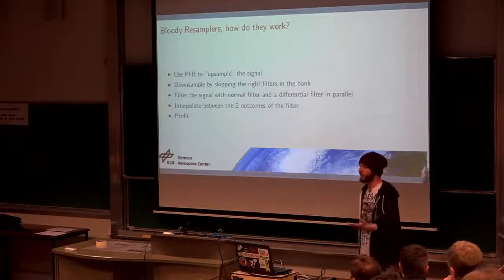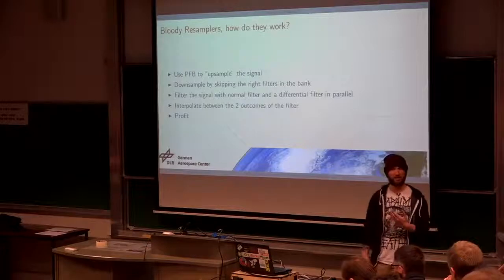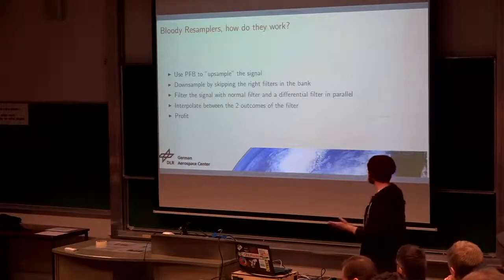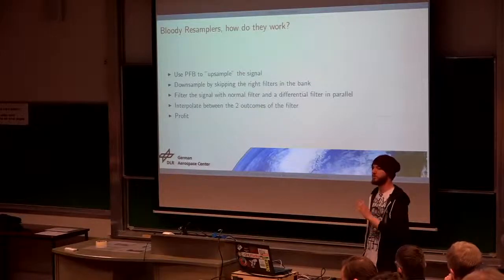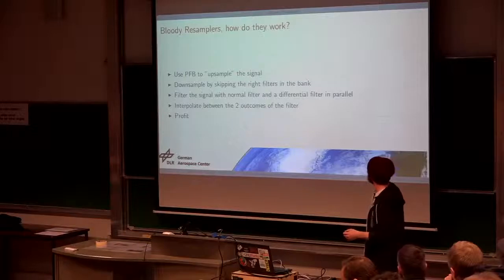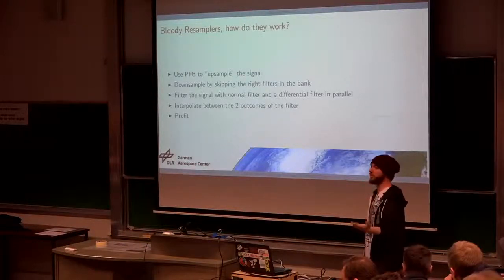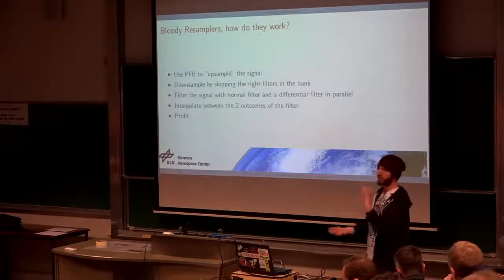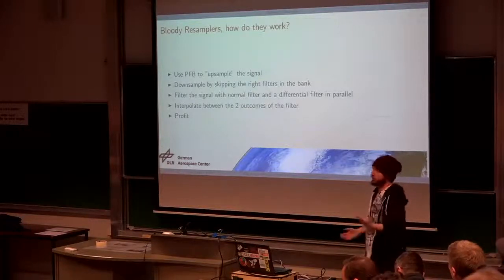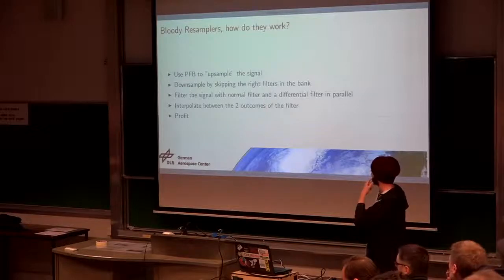So you also do interpolation, which I think is minimum mean square error. I'm not 100% sure. I just looked into the book of Harris and did what he did. Yeah, so you have two filters that filter the signal, and then you interpolate between the output of both filters to be more accurate with the resampling time.